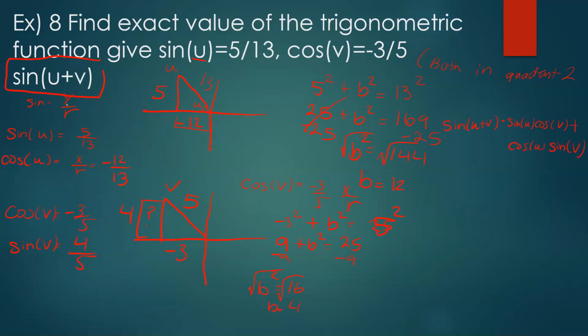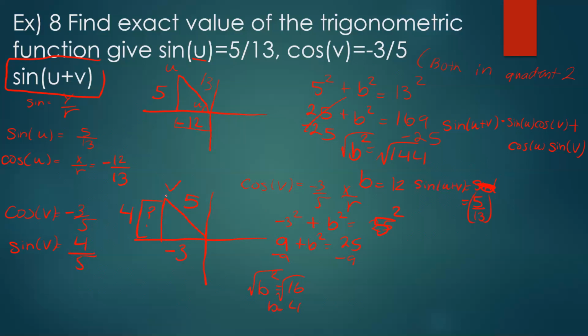So that's why these triangles will come in handy. So sine of u plus v equals sine of u, so here's our u triangle, and sine of that would be +5/13. This is going to be +5/13 times cosine of v.